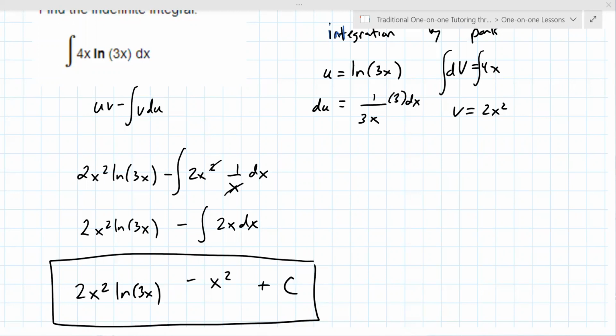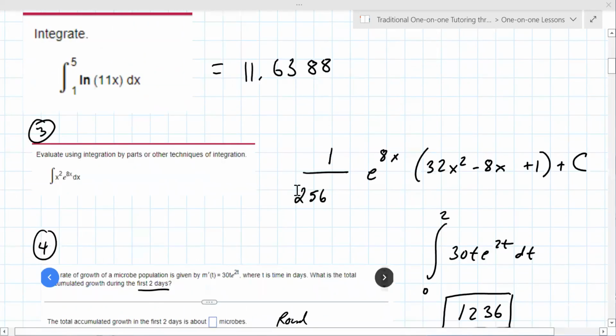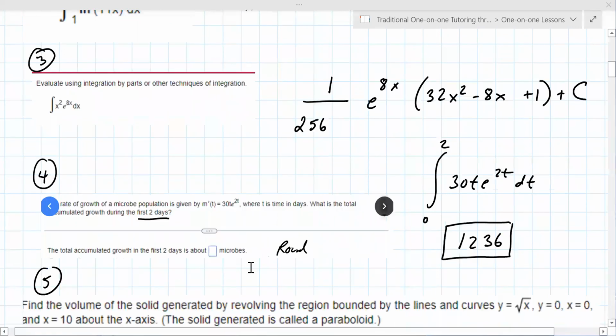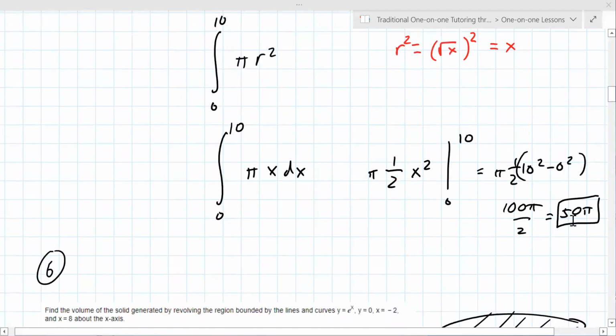Okay, 1 is good. 2 is good. 4 is 1, 2, 3, 6, 5. 5 is down here, 50 pi.